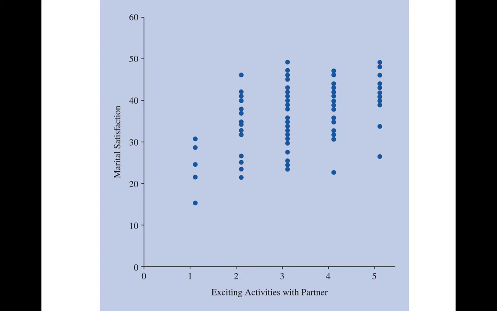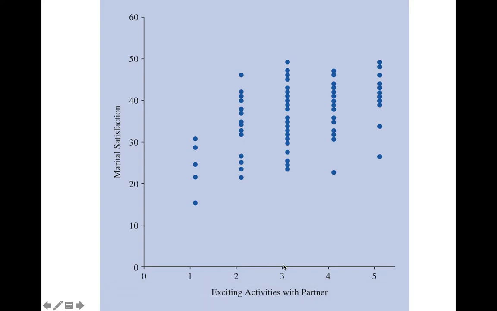So each one of these dots represents a person. And that person was asked to report, say in a questionnaire or a survey, the value on the first variable. Okay, so for example, how many exciting activities do you engage in with your partner on a weekly basis? And then what is your level of marital satisfaction?